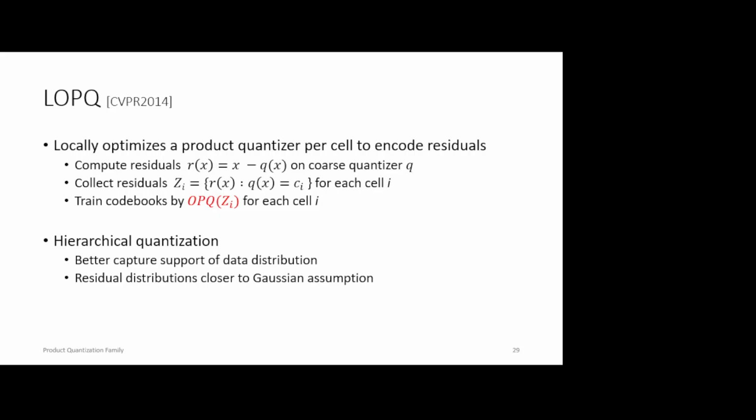This PQ is a second quantizer. So you can treat it as a hierarchical quantization. With this, we consider that we can better capture the data distribution, and such a residual distribution is usually closer to the Gaussian assumption.